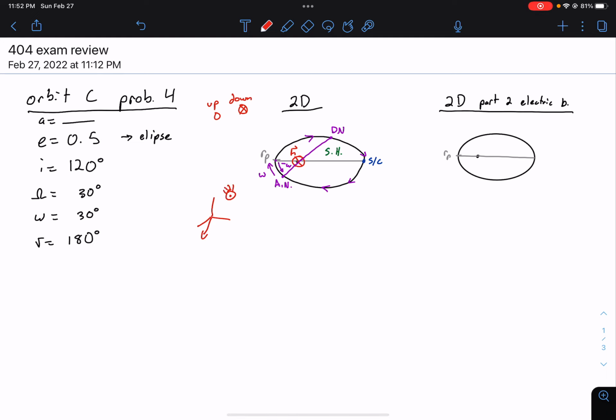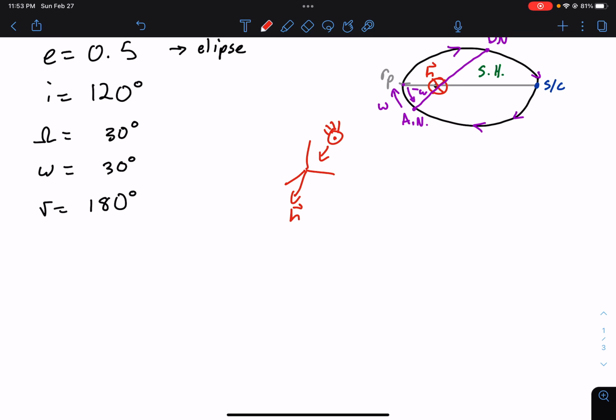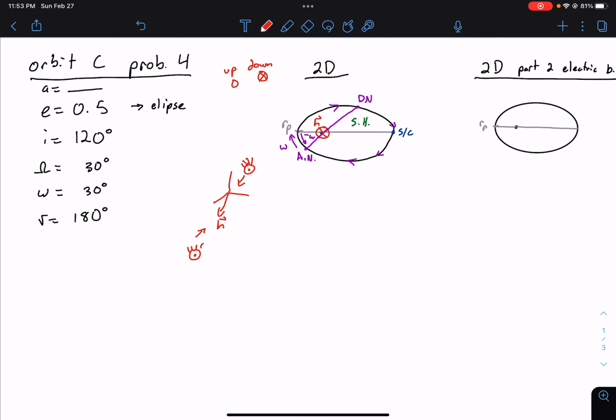Like this, when we are looking down at this angular momentum vector, it shows that it's down into the page. However, if we flipped our view frame to the other direction, it is now out of the page, which is up.